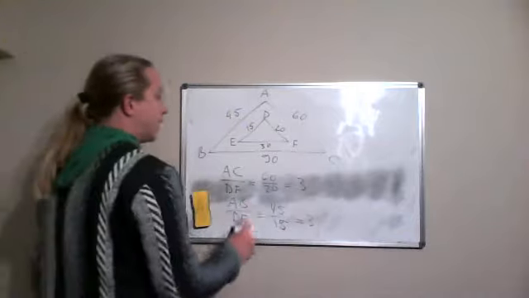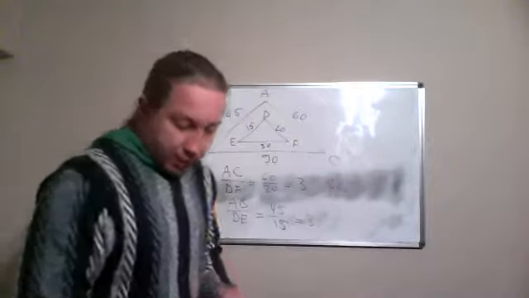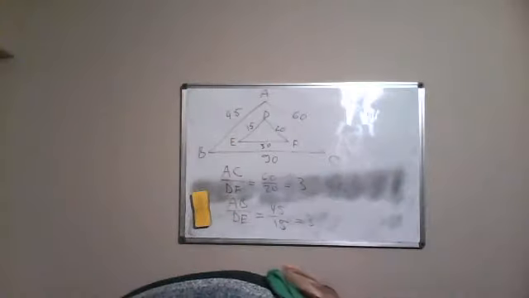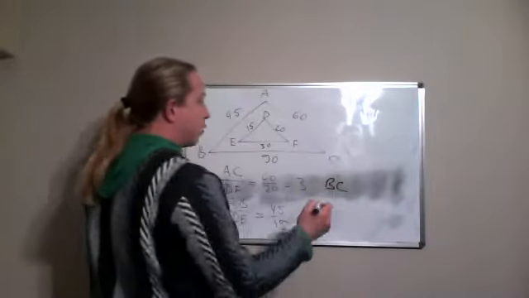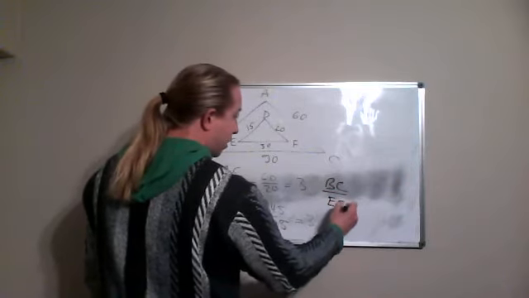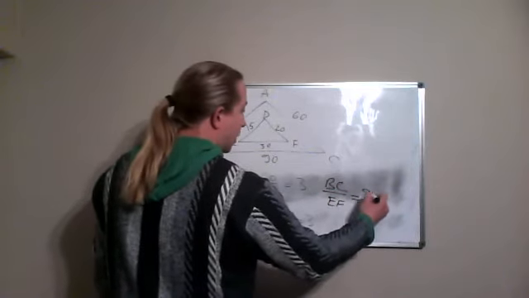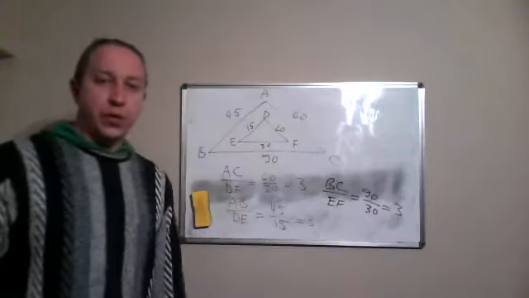Great. Let's do the final side. We have BC over EF, which equals 90 divided by 30, which is also 3.